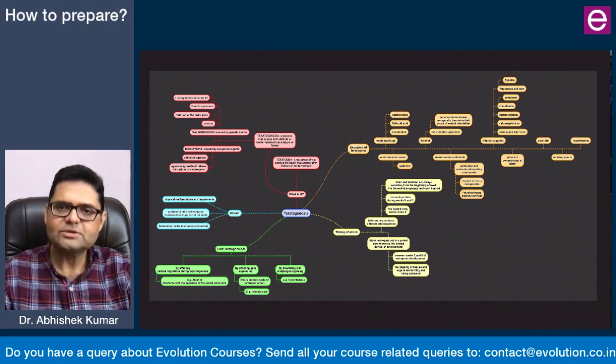It mostly comes as a short note where the common title of the question will be: write a brief account of the following in about 200 words each, and then as one sub-part of the question, teratogenesis will be mentioned. Sometimes a properly worded question can be asked: give an account of teratogenesis, important teratogens, and their mechanism of action. Both of these questions have largely similar scope, but they are differently worded.